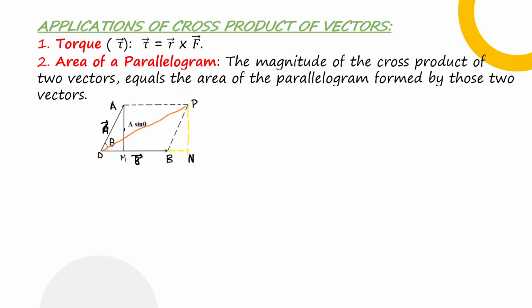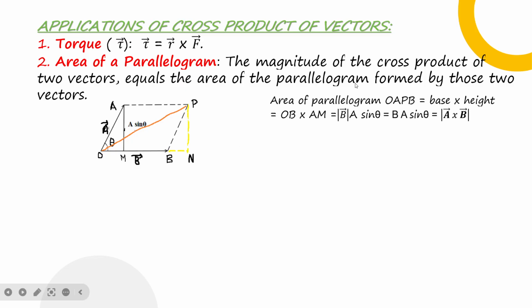For example, for a parallelogram OAPB formed by vector A and vector B, its area is base into height, which gives AB sin theta. And we know A cross B is AB sin theta n cap, so the magnitude of A cross B is AB sin theta, which is the area of the parallelogram.